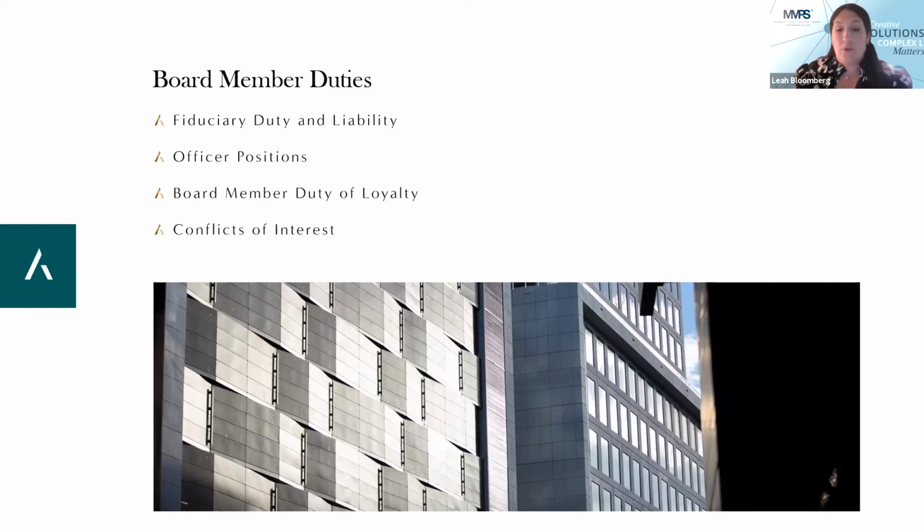So when you get into the roles, presidents usually run the day-to-day business affairs, general management of the corporation or condominium. They're the ones that typically sign contracts, whether it's construction contracts, service contracts, leases, or other instruments that are authorized by the board.